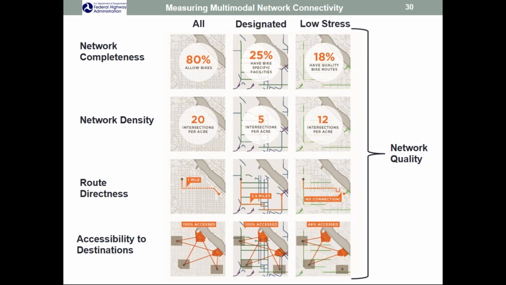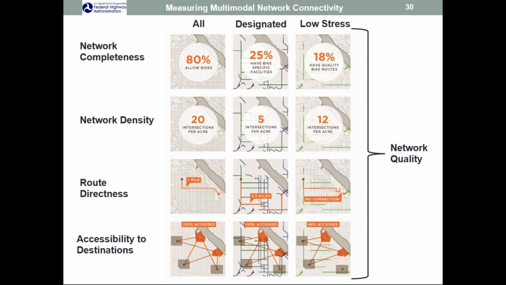If you narrowed your filter down to just specific facilities that were designated as bike routes, suddenly that drops down to only 25% of your network being complete. And then if you further restrict yourself to only the facilities that are considered some level of good quality and low stress, your answer would come down to about only 18% of your network being complete.